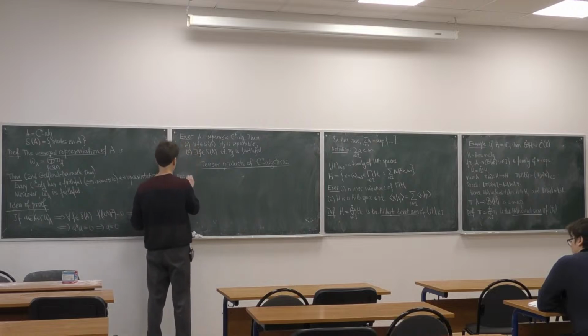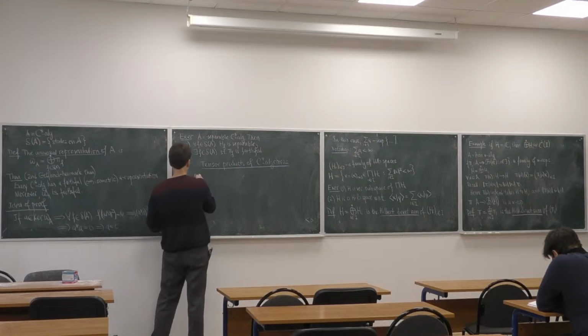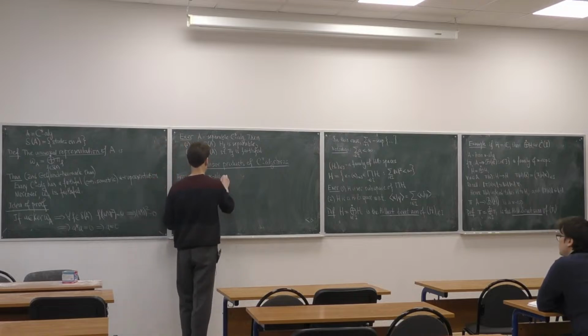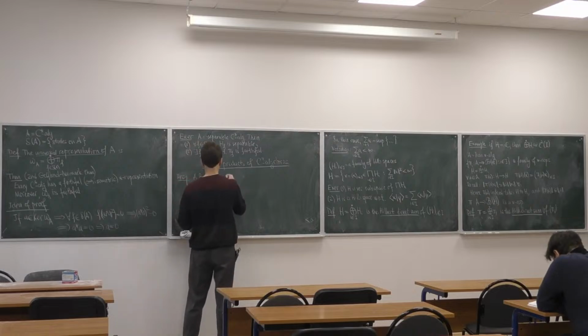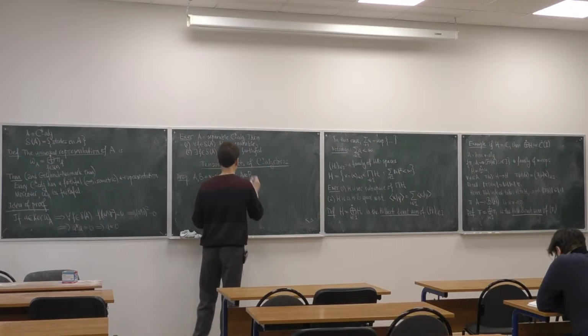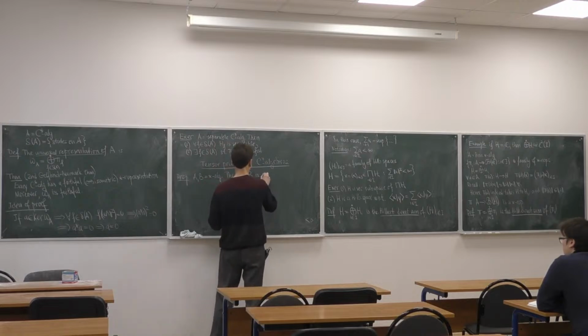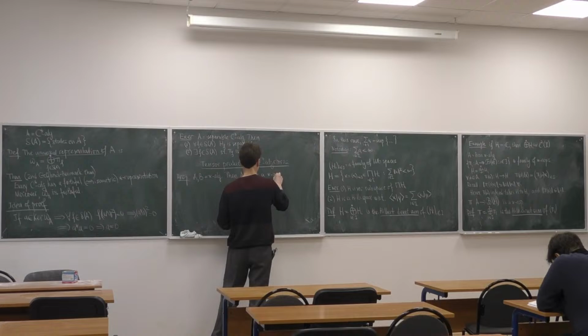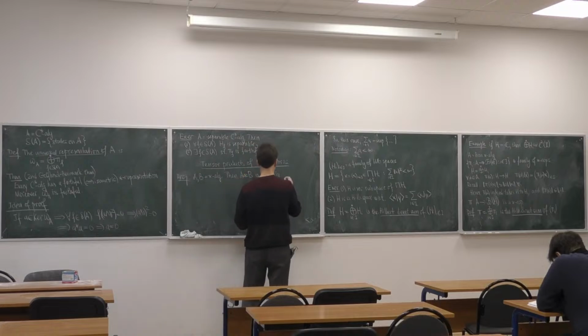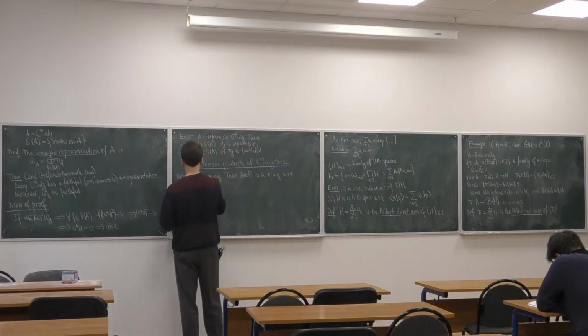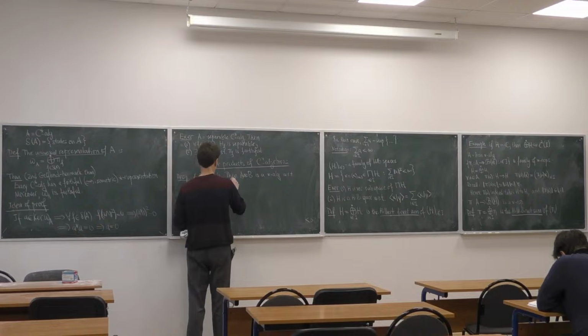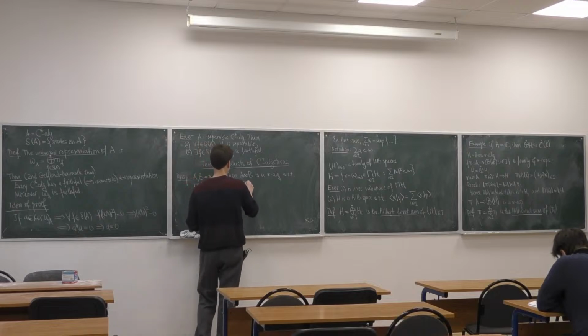We have the following simple proposition. Suppose that A and B are C-star algebras. Then A tensor B is also a star algebra with respect to the multiplication and involution uniquely determined by the following formulas.